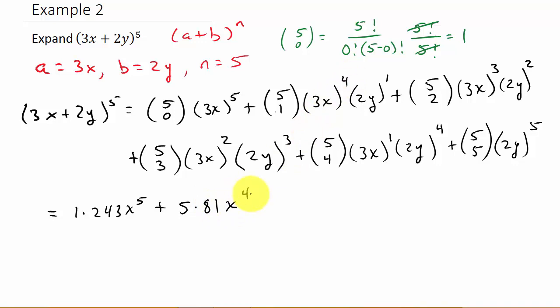All right. So now we've got this one calculated. And then we've got times 2y. Times this 2y here. So 3 to the fourth is 81, x to the fourth, and then 2y to the first is just 2y.